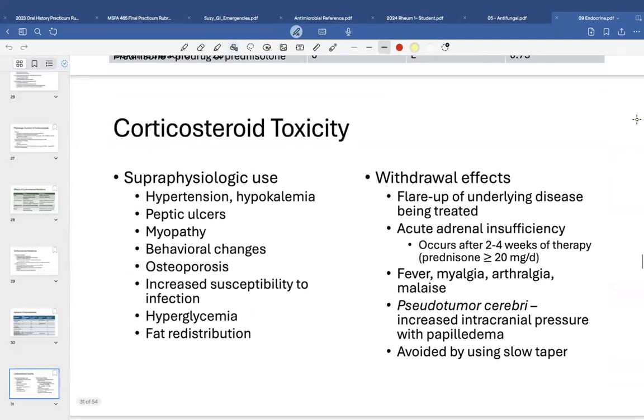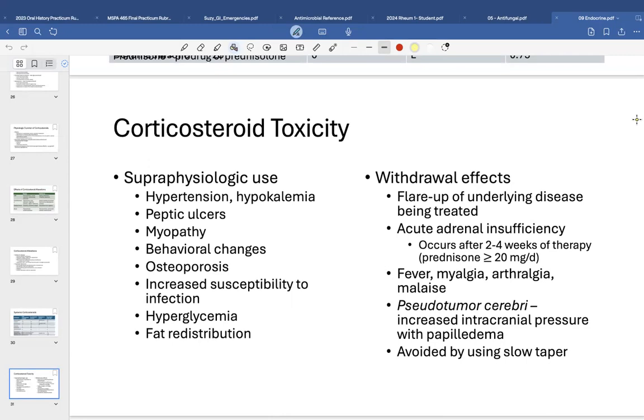So when you administer corticosteroids at super physiologic levels, you begin to look a lot like, at least in the short term, the Cushing's type picture. Fat redistribution, hyperglycemia, you can see psychiatric changes.